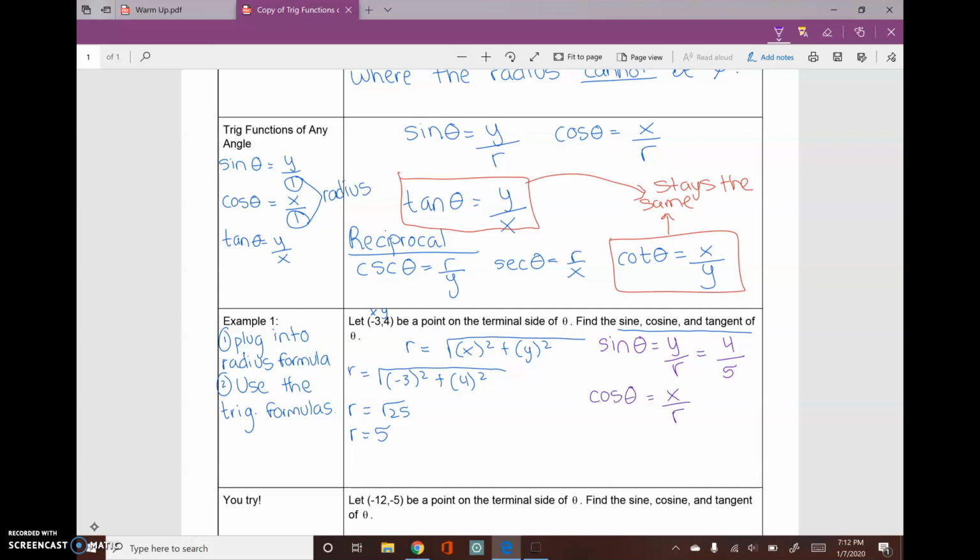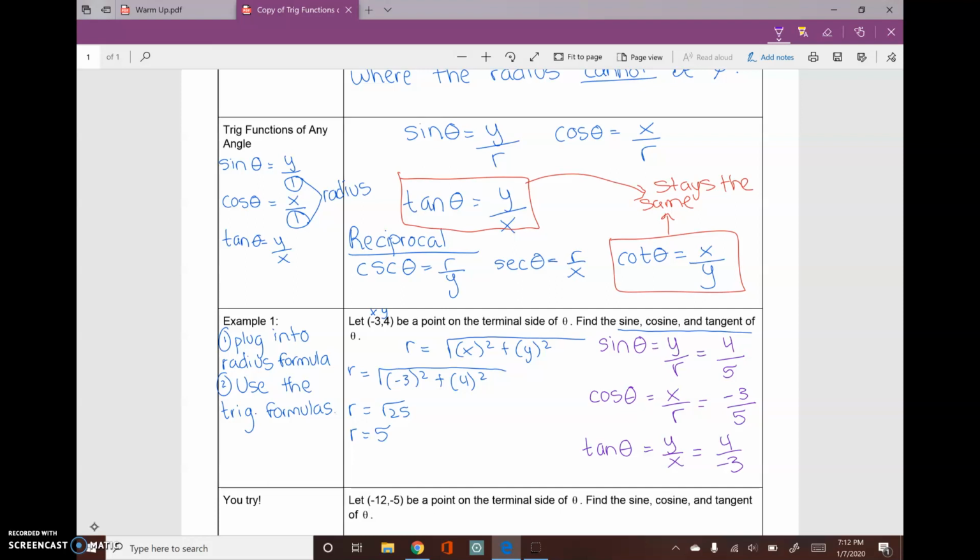Cosine is x over r. x is -3, and your radius is 5. And then the last one, tangent of theta, which is y over x, so 4 over -3. And you have your 3 values.